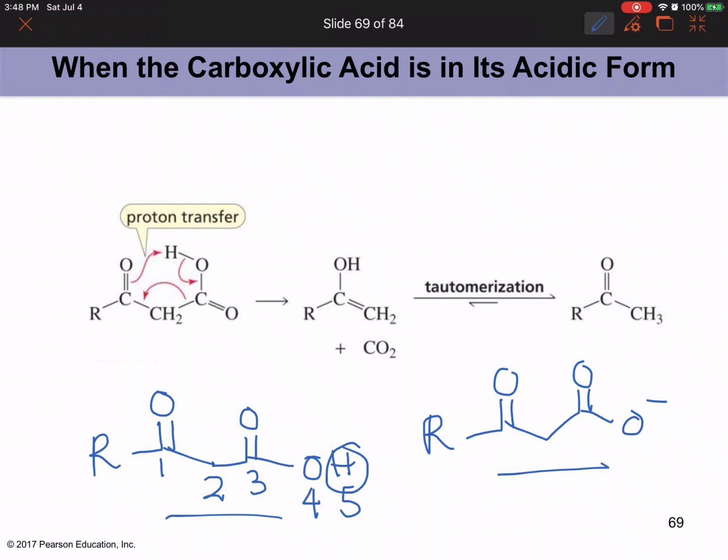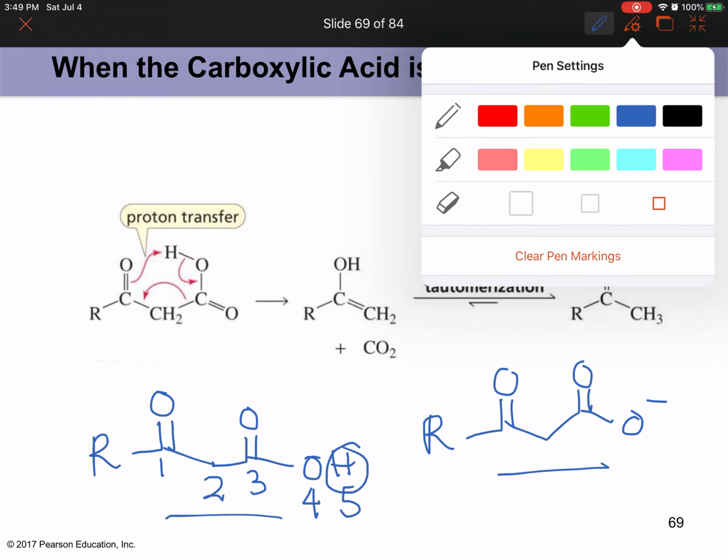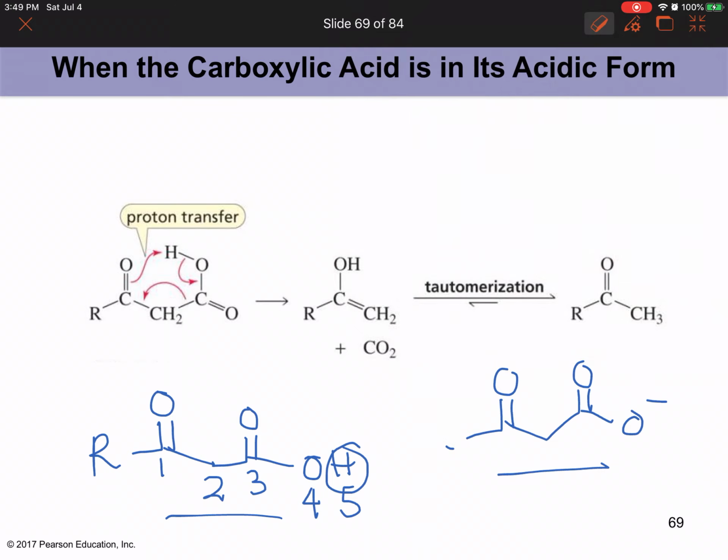Now I'm going to rearrange these atoms into a 6-membered ring. I can put my alkyl group over there, number 1, and then number 2, number 3.